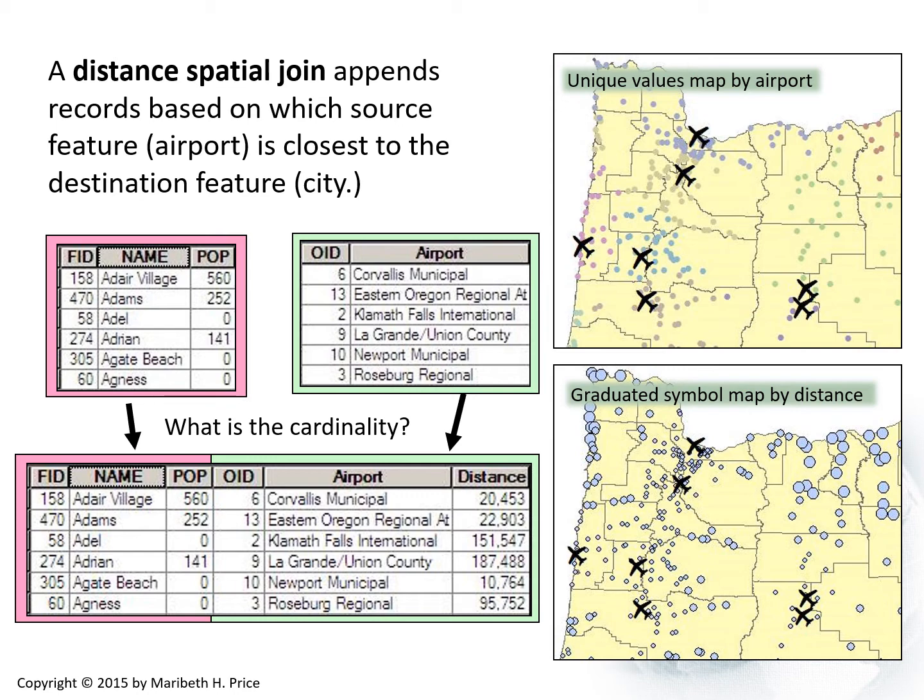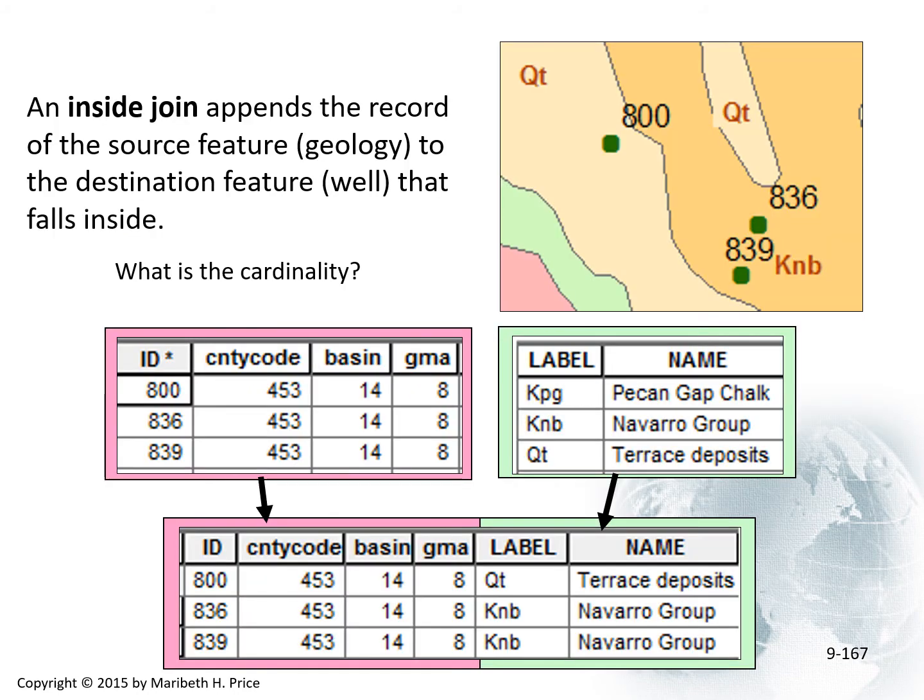So the information from one airport is joined to multiple cities. Whereas if you do it the other way around and you join the city information to the airports, then for each individual airport, there's a handful of cities that are closest to it. You can't join those multiple things to that one thing, so you have to summarize that information. They talk about inside joins and outside joins. You can read through these and make sure you're square on them.